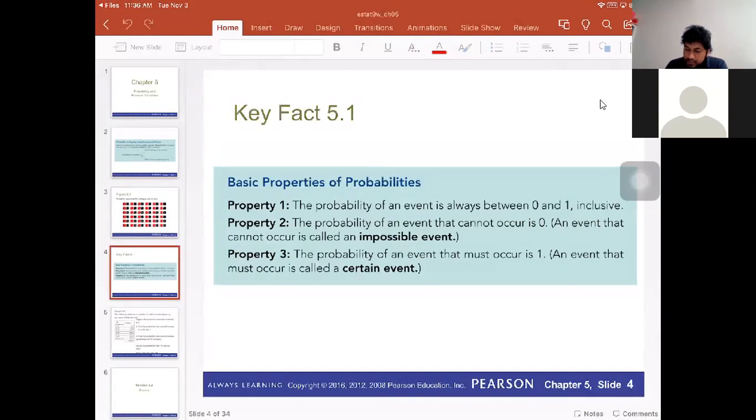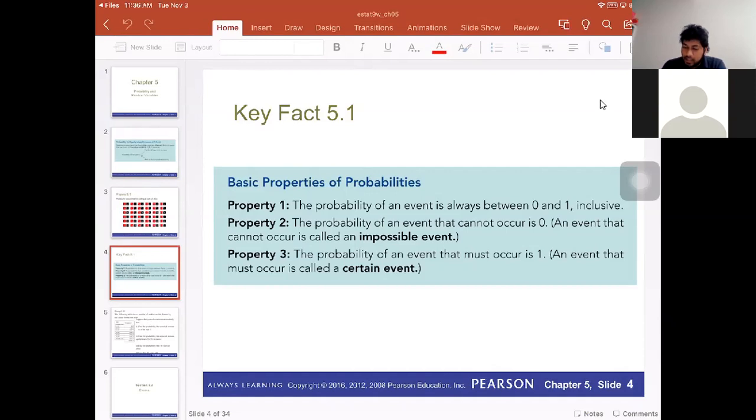There are a few things, actually we call them properties. The first property is that the probability of an event is always between 0 and 1. So you should remember that if it is a probability value, then it is definitely between 0 and 1. It can be 0 or 1 as well.